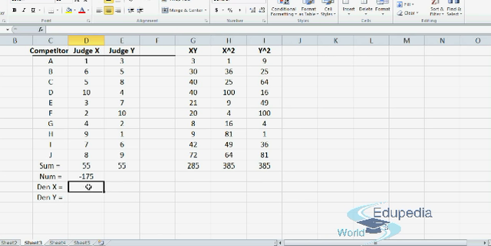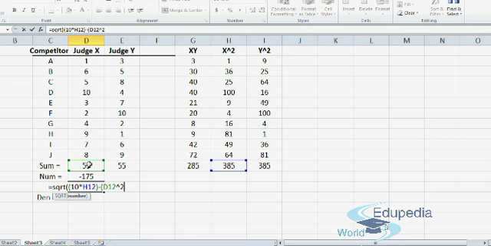Okay, next the denominator, it's square root of n, which is 10, multiplied by summation x square minus summation x the whole square. Summation x is this, raised to power 2.